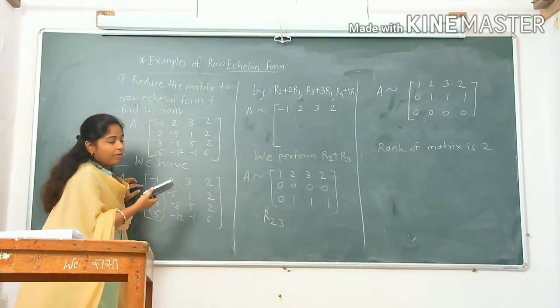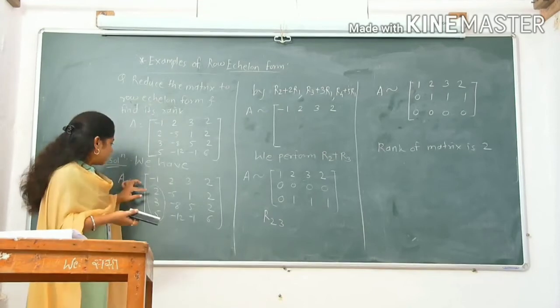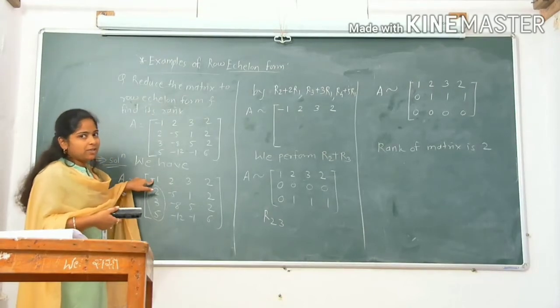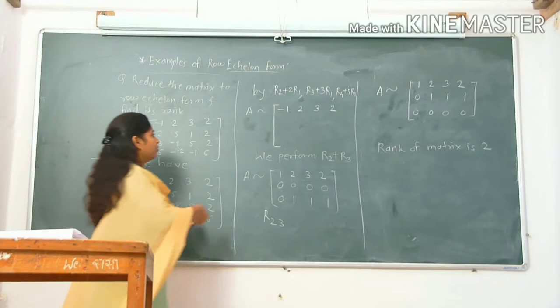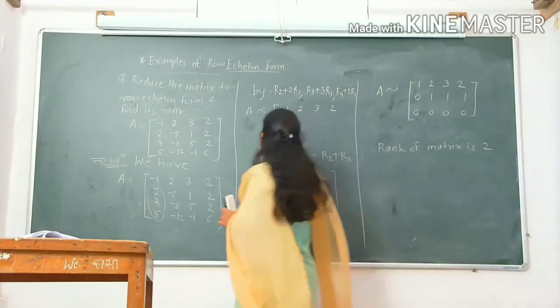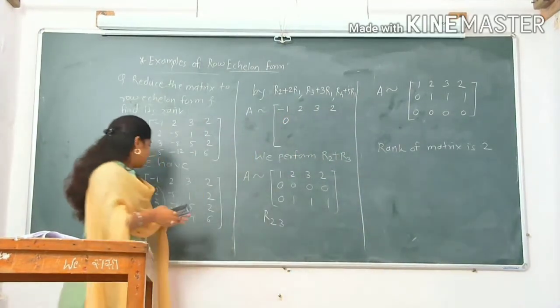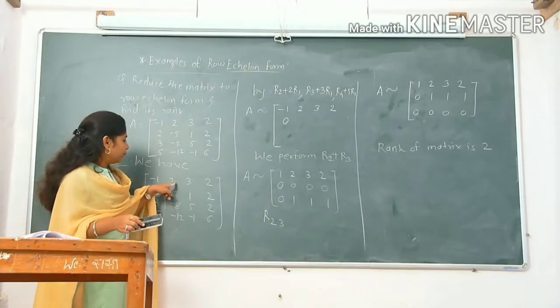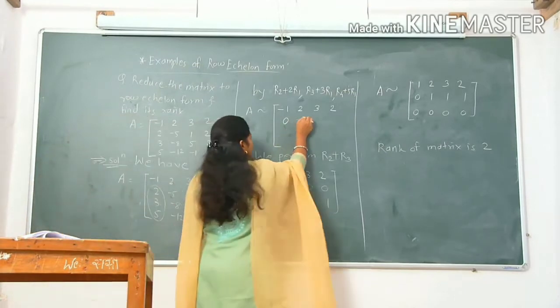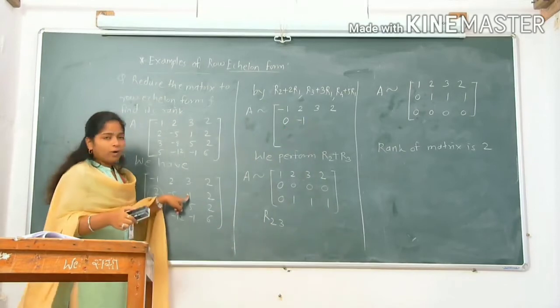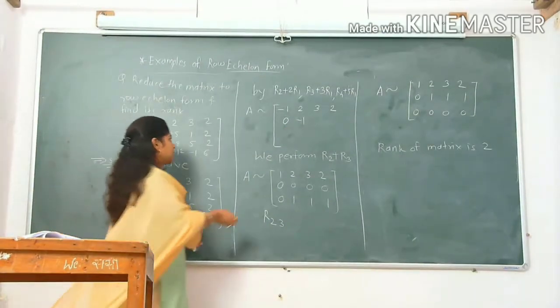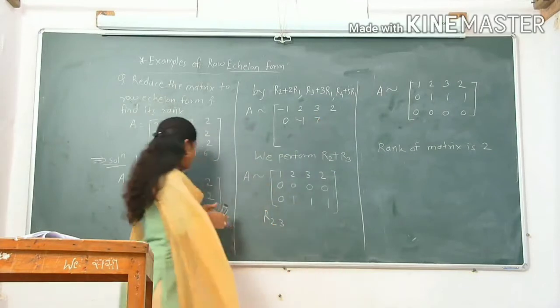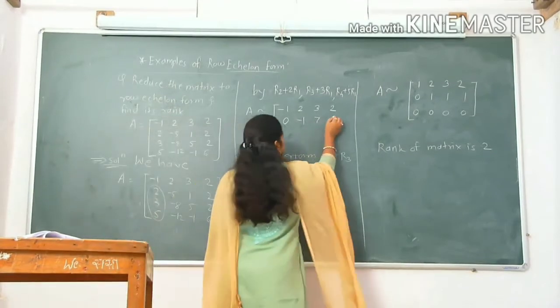Next, we perform R2 plus 2R1, that is 2 plus minus 2, which is 2 minus 2, therefore 0. Next, minus 5 plus 4 is minus 1. 1 plus 6 is 7 and 2 plus 4 is 6.